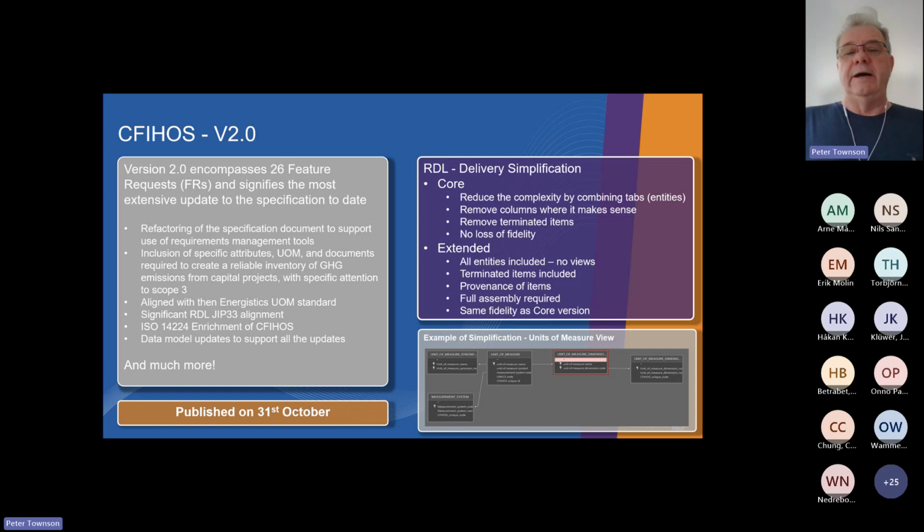But one of the biggest comments that came back to us, which was of quite a concern, was that because we'd introduced some new things within the data model and the data structures, we've actually made it a little bit complex to assemble as it was.